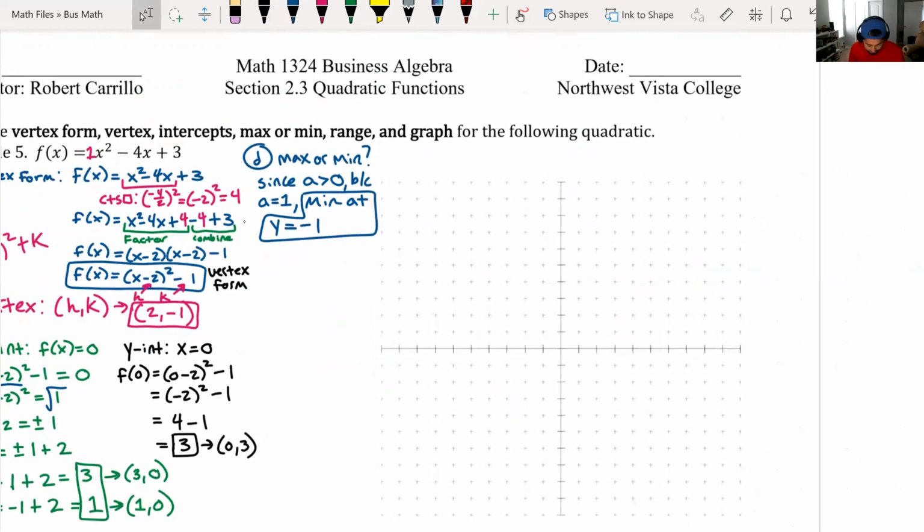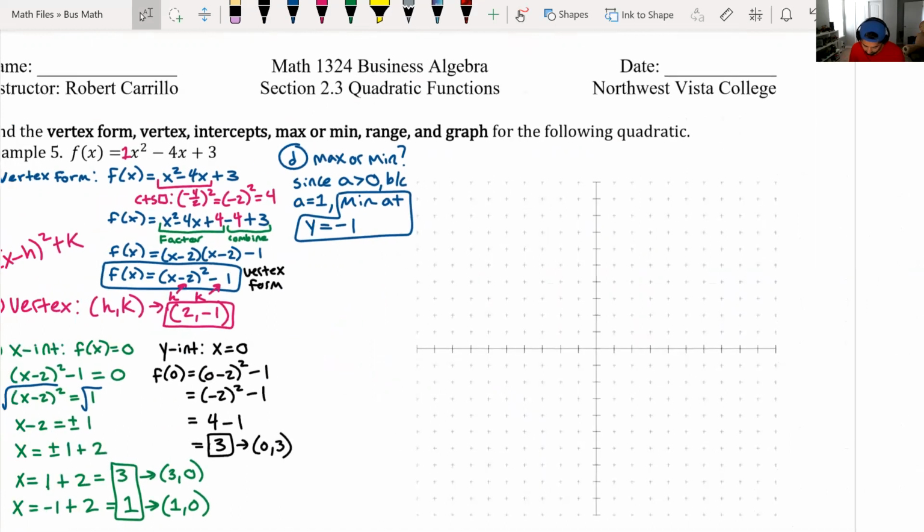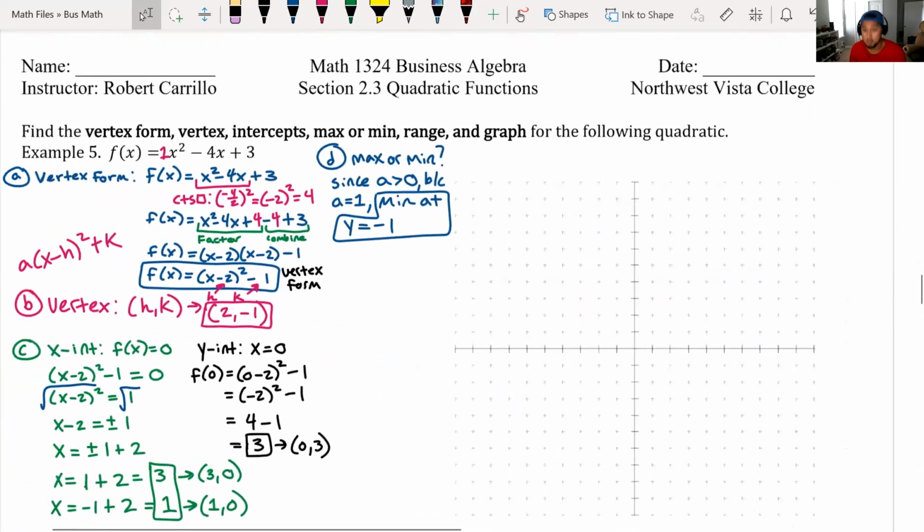So first off, my vertex is at 2, -1. So that's what we'll draw first. 2, -1. So 1, 2, -1. Here's my vertex. And then I look at my x-intercepts. I have x-intercepts at 3, 0, and 1, 0.